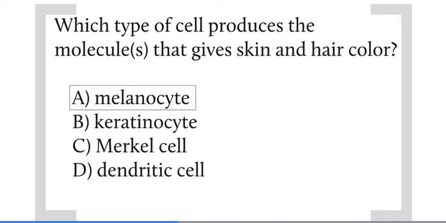There's eumelanin and pheomelanin. And there's a differentiation between the molecular structure in those two, but then within eumelanin there's actually two different types based on what they actually look like color-wise. There's black eumelanin and brown eumelanin.